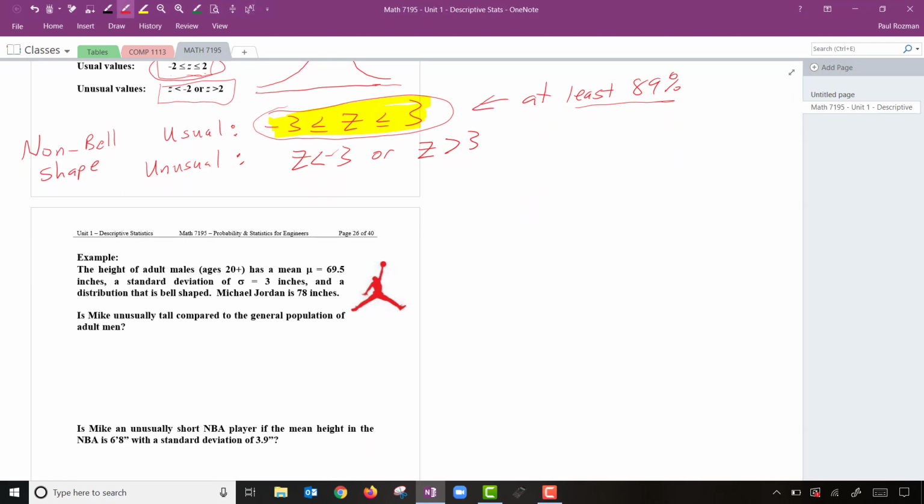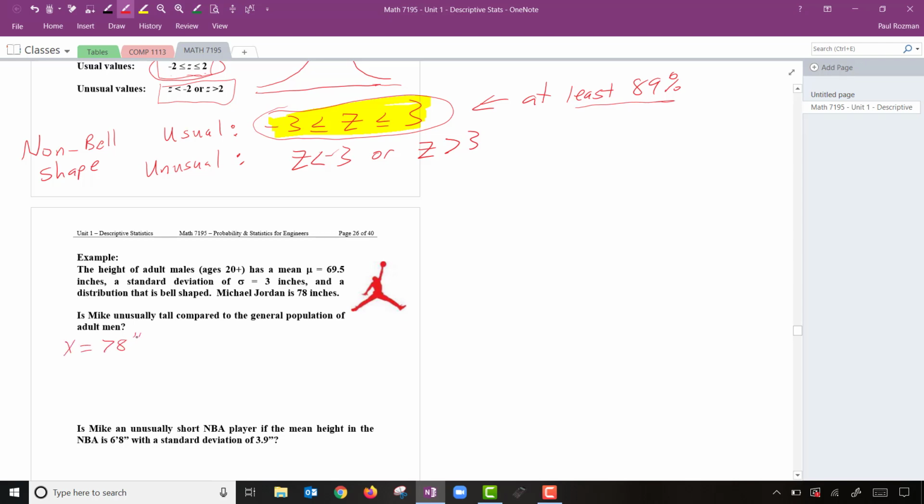Little, simple example using Z-scores. We're interested in Michael Jordan here. Is he a tall guy for a typical adult male? One way we can answer that question is to calculate Michael Jordan's Z-score. So his height is given there.